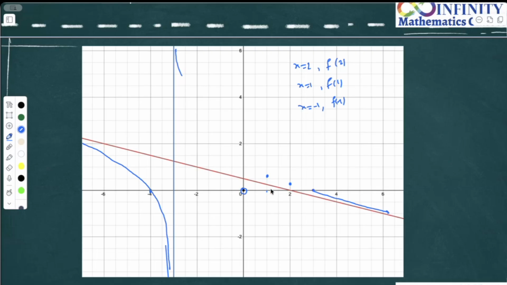Now, I told you that 0 is the hole for you. What is the limit as x tends to 0 of f(x)? It is a hole, but the limit may exist. What would that value be?